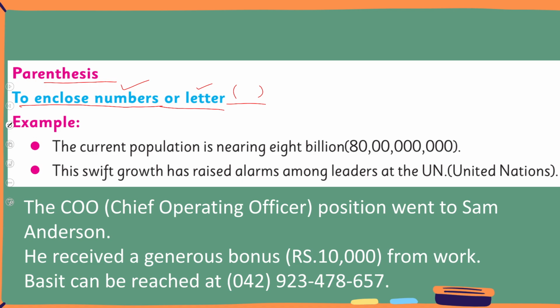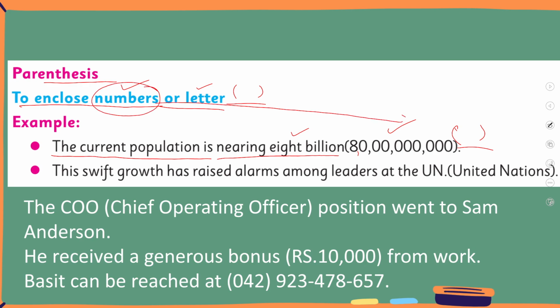For example, the current population is nearing 8 billion. Now, we enclosed the numerical way of writing 8 billion by using parentheses. So, we enclosed numbers in our sentence using parentheses.